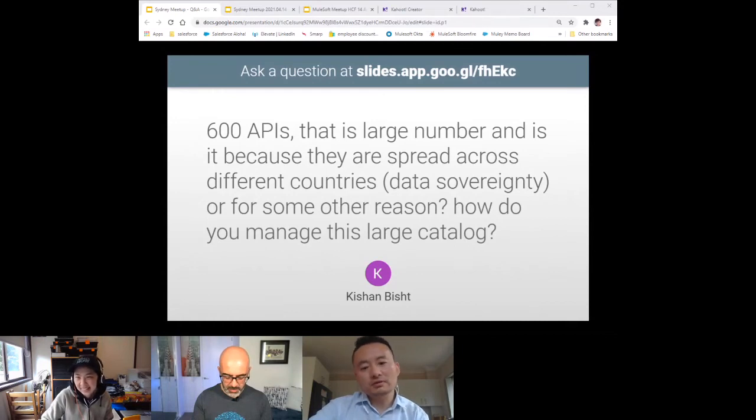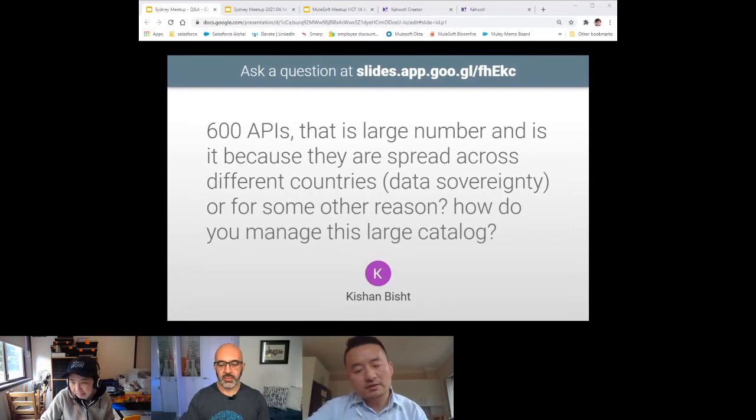Just to answer the question, we do have a few ways to manage that catalog. One is, for audiences like developers, we use Exchange. People can come to Exchange and find the details, and they can even use the mocking service. Secondly, for audiences like business analysts and product owners, we have a separate way.